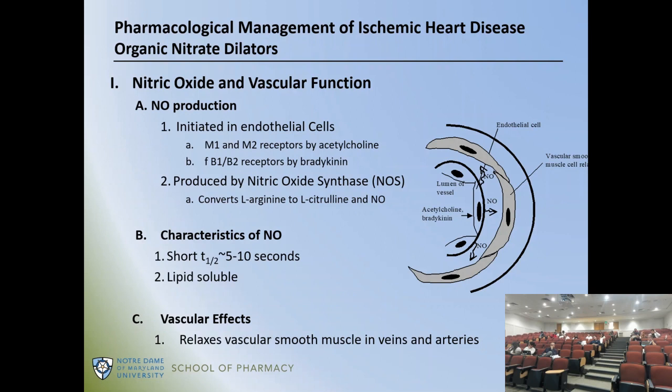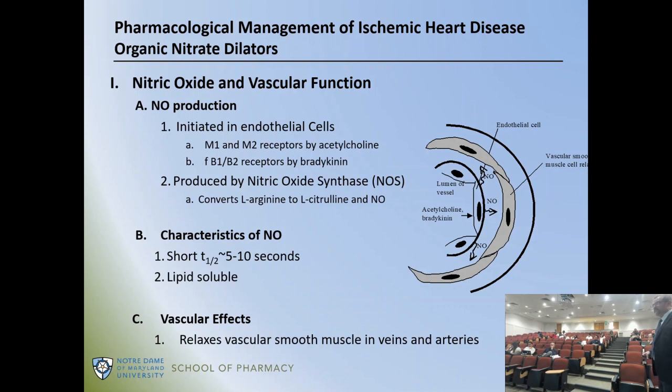The nitric oxide can activate mechanisms inside the smooth muscle cells that will tell them to relax. So nitric oxide is a powerful vasodilating agent. It's got a very short half-life and it's very lipid soluble, so once it's produced, it can freely diffuse into surrounding smooth muscle cells and cause those cells to relax.